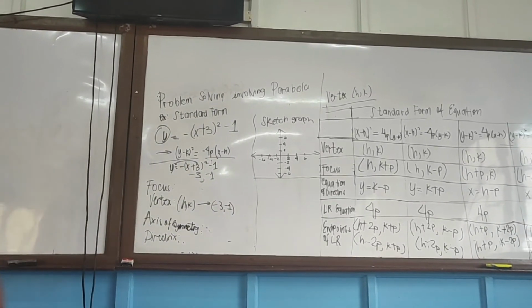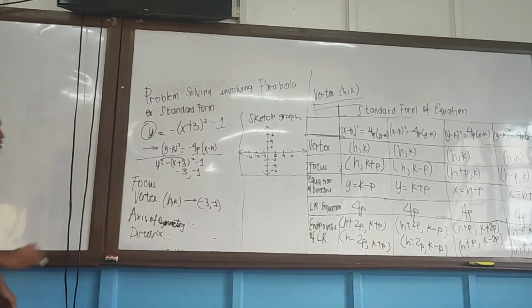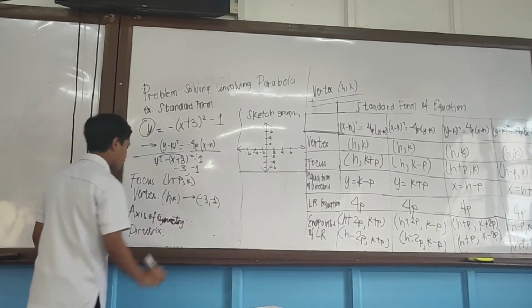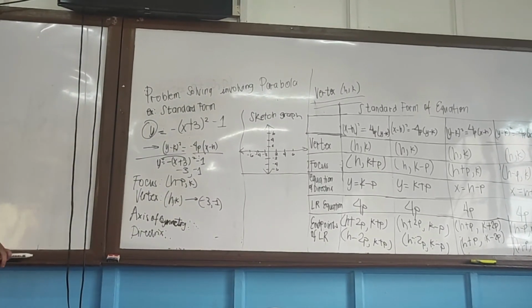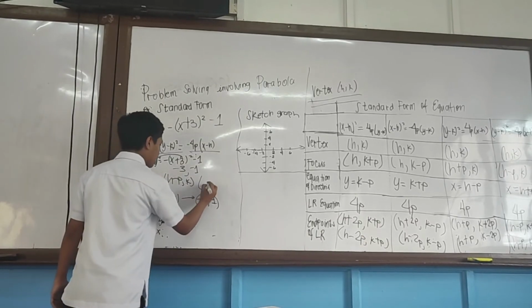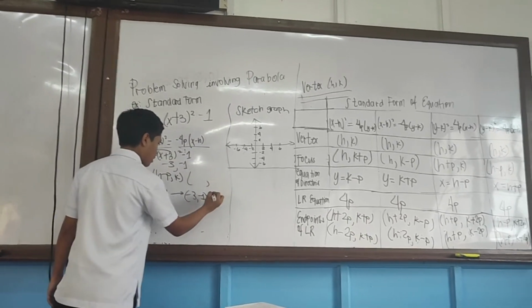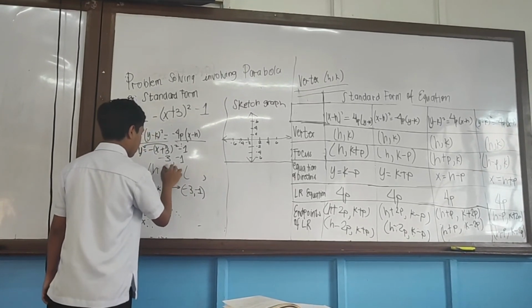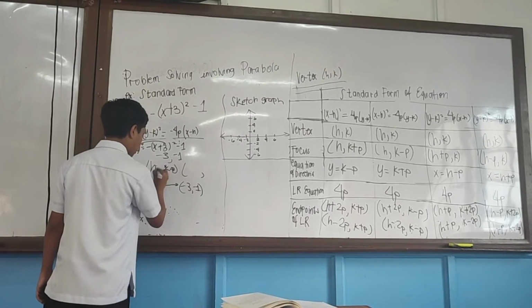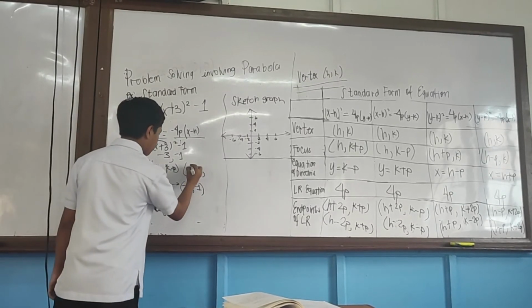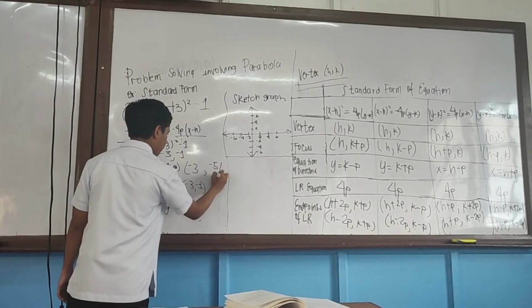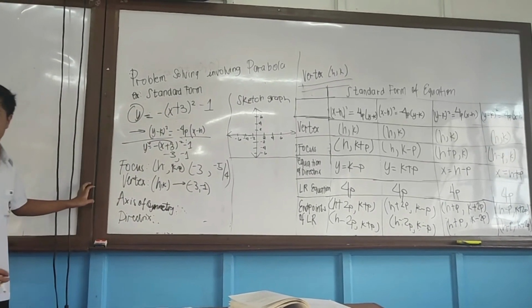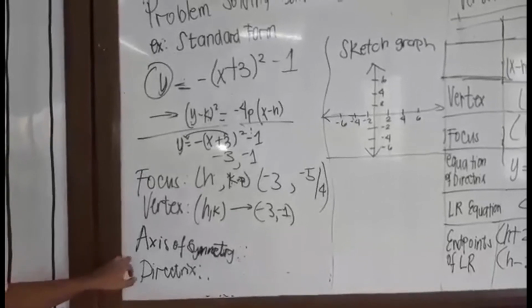Now the focus. In the focus, (h − p, k), we have −3 and negative 5/4. Now let's find the axis of symmetry.